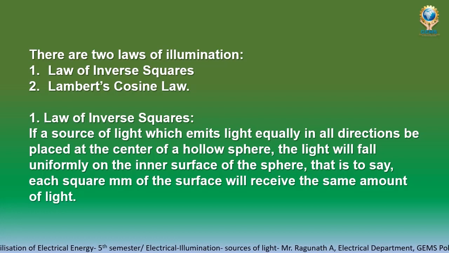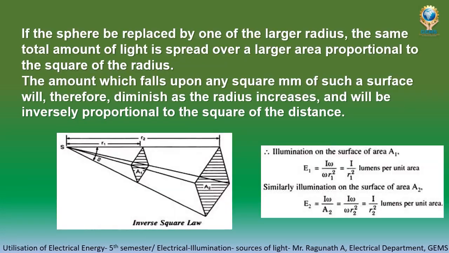If a source of light which emits light equally in all directions is placed in the center of a hollow sphere, the light will fall uniformly on the inner surface of the sphere. Here we are considering the surface like a sphere. So in all directions, the surface will get the light. Now we can see this diagram.